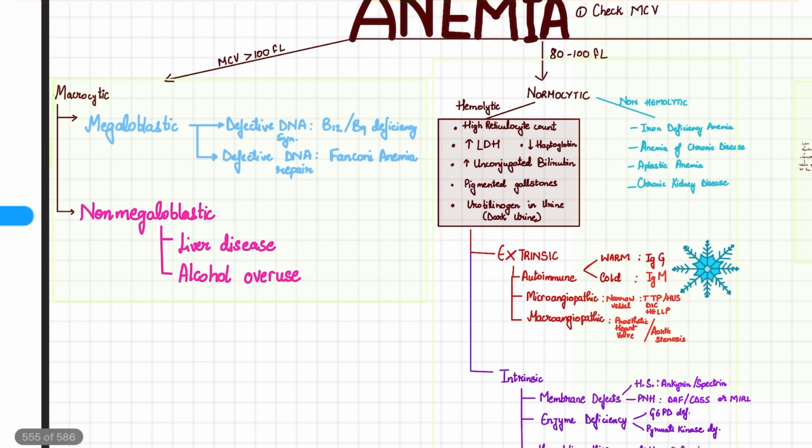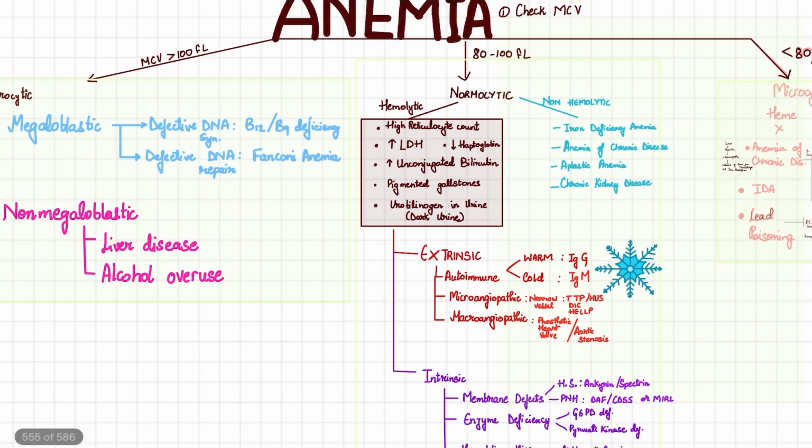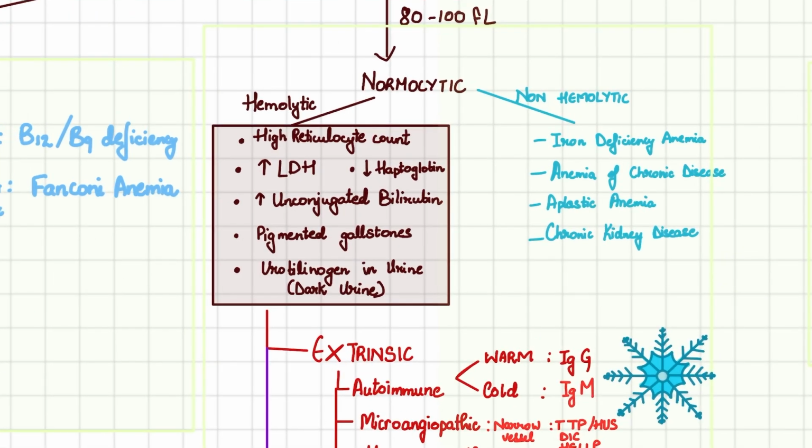Now, once we have figured out macrocytic and microcytic, we come to a very crucial one, normocytic. So here the MCV is between 80 to 100, which is absolutely normal. Now, there are two situations. Either there is hemolysis going on or there is no hemolysis.